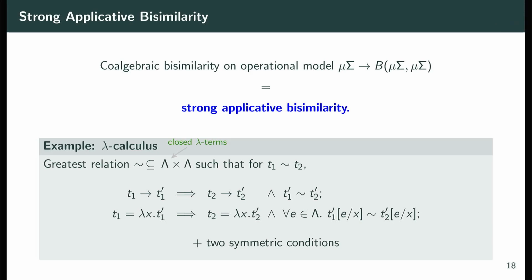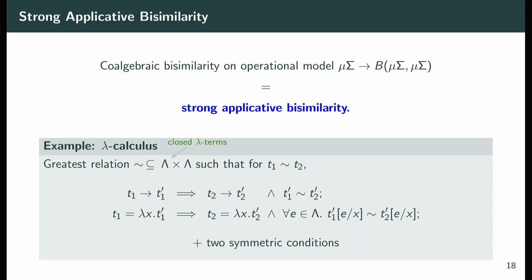So it is the greatest relation tilde on closed terms, such that for T1 bisimilar to T2, if T1 better reduces to T1 prime, then T2 better reduces to T2 prime, and T1 prime is bisimilar to T2 prime.